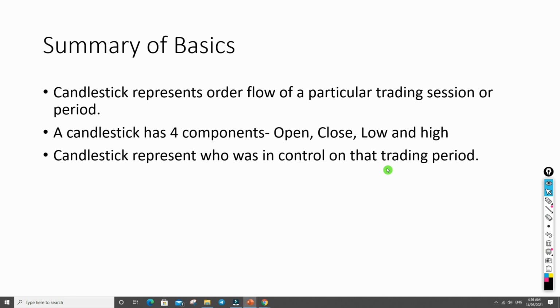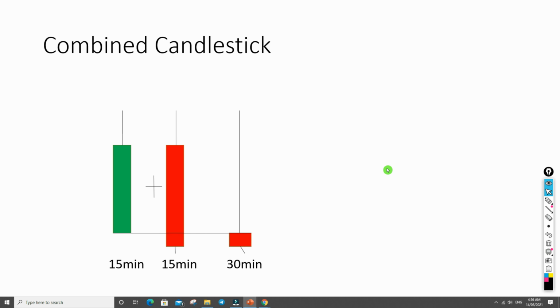Also, a candlestick represents who was in control during the trading period. So far, are you with me? Hopefully you understood. Basically, what we have learned so far is how to read a candlestick and what it means to you. Now let's move on.